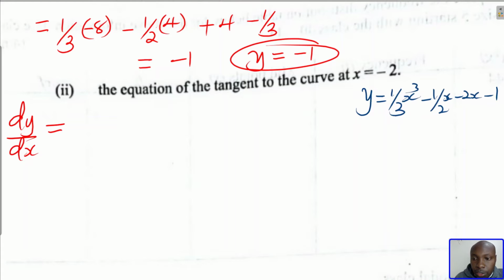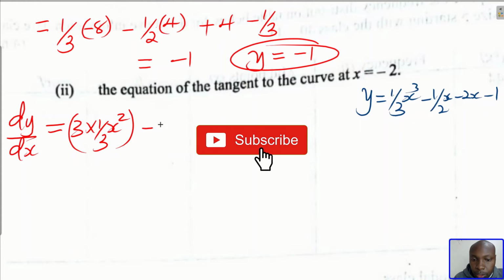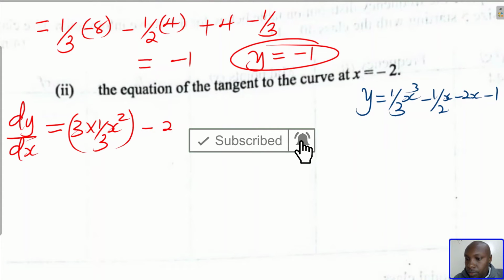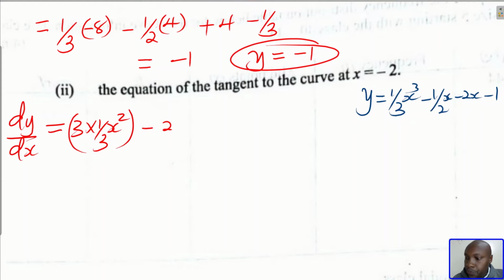Differentiating these, we get 3 multiplied by a third x squared, then subtract 2 multiplied by a half multiplied by x, subtract 2. So when we differentiate a third x cubed, this is what you get.